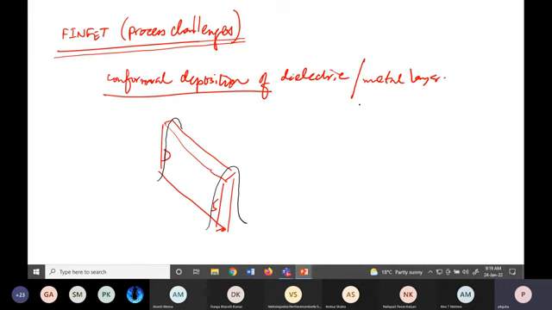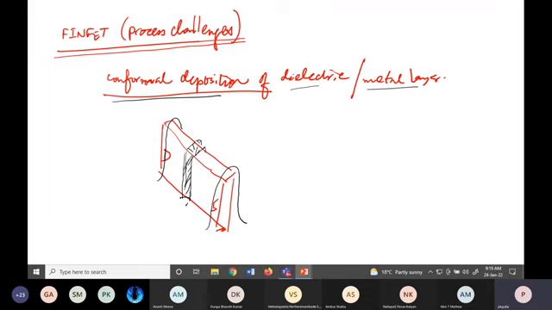That has to be conformal. Now we have to have a dielectric layer here. So this dielectric layer also has to be conformal. It should be uniformly deposited on this 3D fin, right? So it is not easy, this conformal deposition of dielectric layer and your metal layer at source and drain and at the gate side, right?